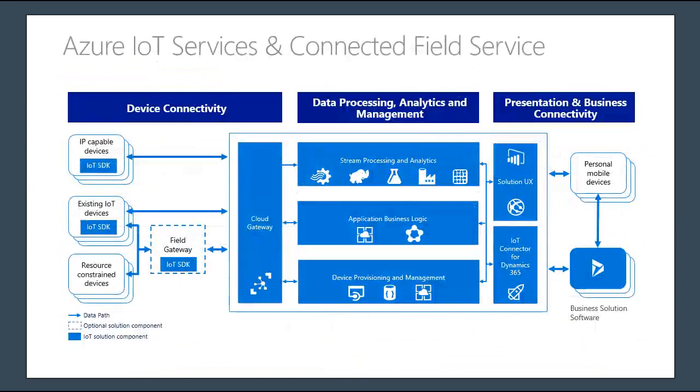Just to have an overview of the infrastructure around Connected Field Service. On the left-hand side, you have your IoT devices that are communicating with the Azure cloud, maybe directly or through a gateway, depending on the capabilities of your IoT device, but passing data along to our cloud gateway.